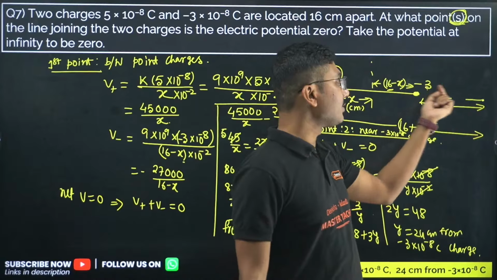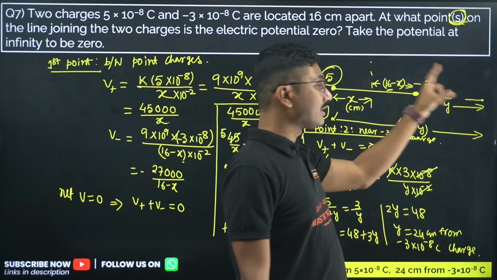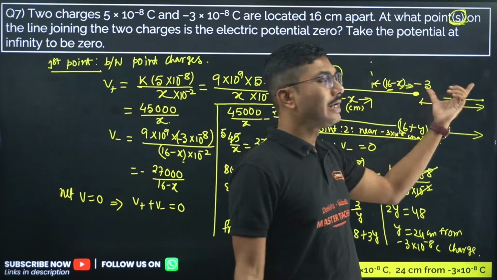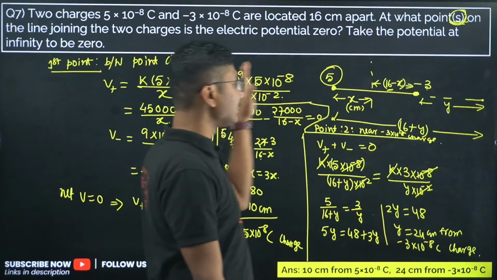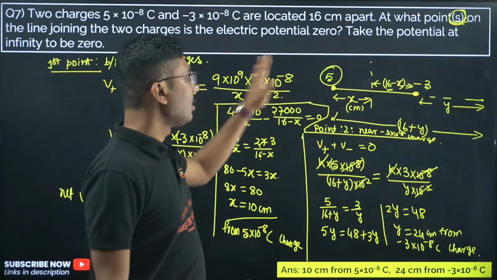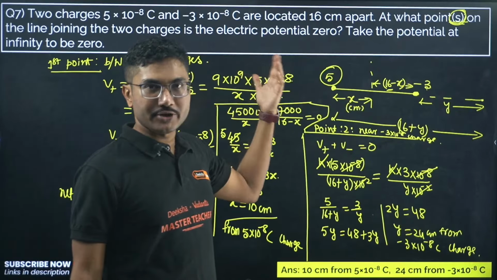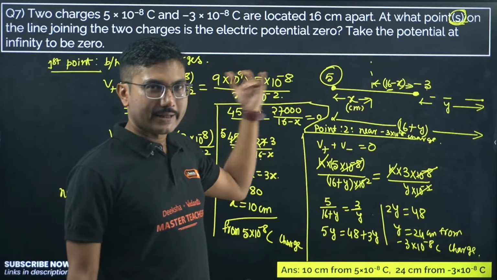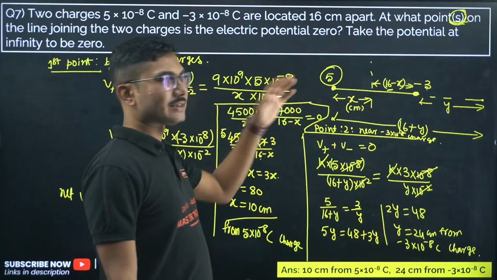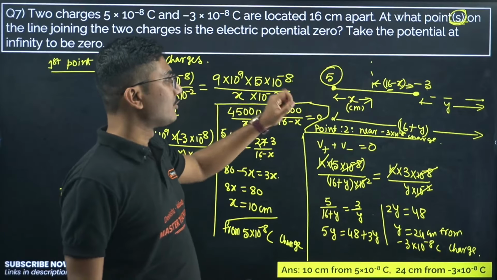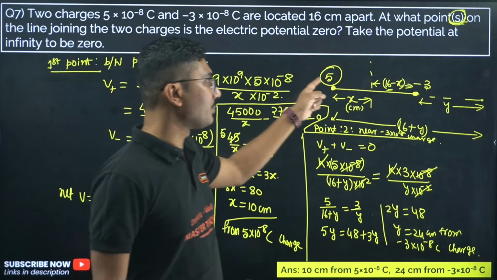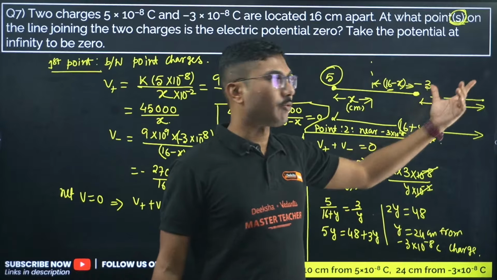Smaller charge's potential will decrease faster, larger charge's will decrease slower, that is why it will be near the smaller charge, not this side. This side it is not possible. If you calculate, you will get an imaginary value, like x plus iy. So this will not be a realistic value, but on this side obviously it is possible.